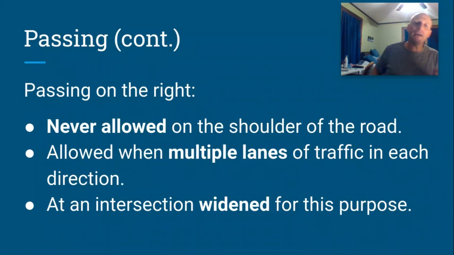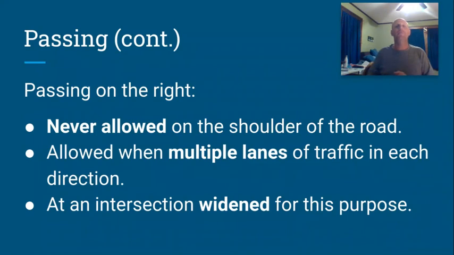You are allowed to pass on the right when there are multiple lanes of traffic in each direction. So you've got 2 lanes of traffic going this way, 2 lanes going this way. Then you're allowed to pass in the right-hand lane. If you've got 2 lanes of traffic in your direction and there's somebody slow in the left lane, you can pass in the right lane.